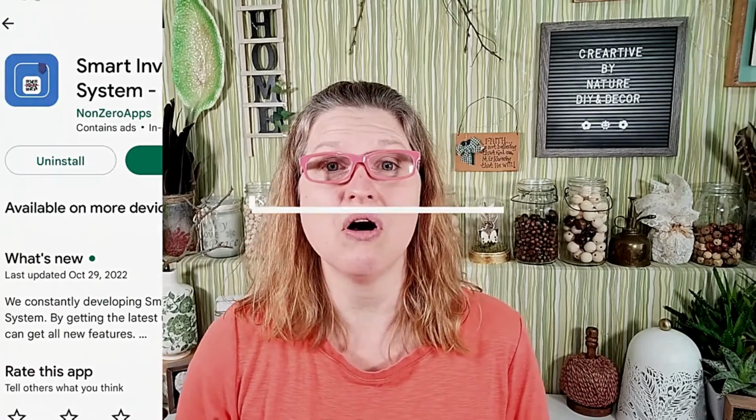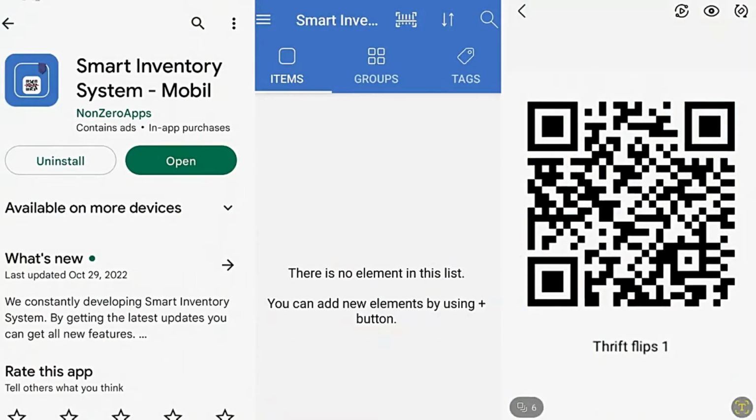Now I have an Android, so I'm going to be using the app called Smart Inventory. No fault to the app. It is a great app, but it just was not going to work for me. I'm still going to quickly show you the ins and outs of the app, just a quick little rundown so you can see why I am not doing it that way anymore.